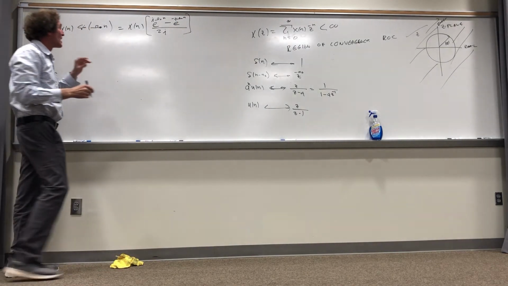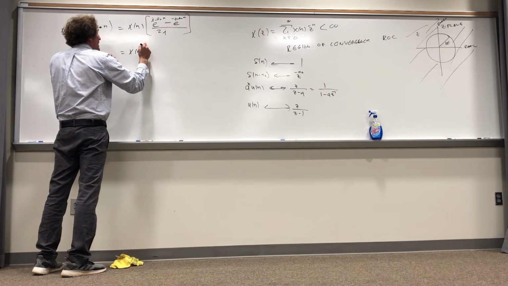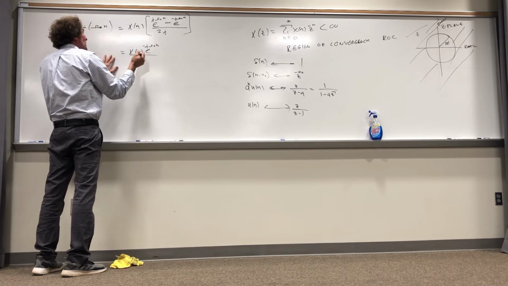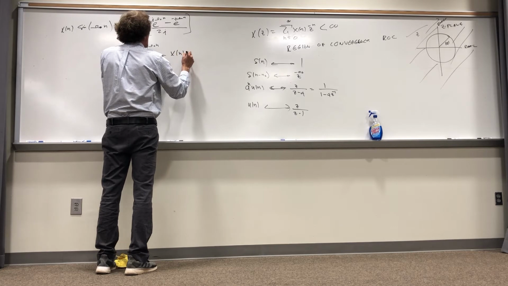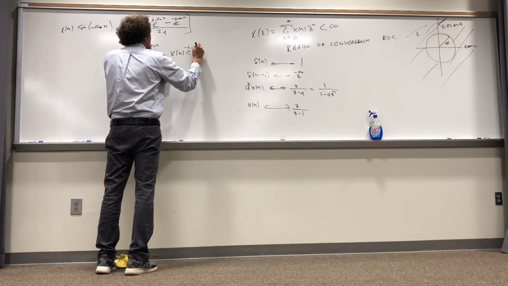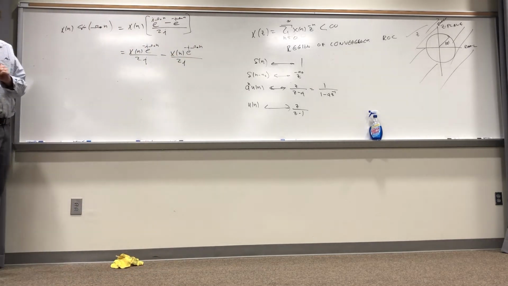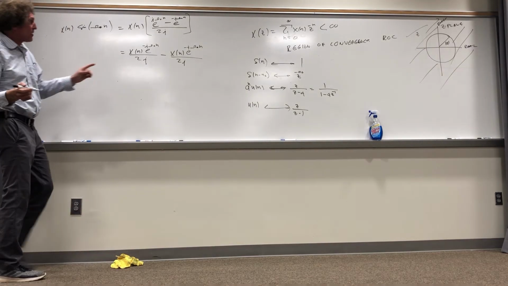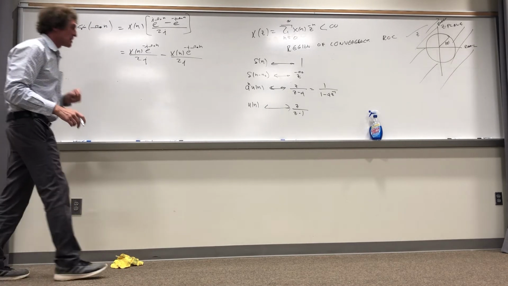All right, now I'll come down here and I'm going to say that's x of n e to the j omega naught n over 2, and I'll leave the j here, minus x of n times e to the minus j omega naught n over 2j. Now, follow me on this one. There's nothing tricky here. I just went ahead and multiplied. Now when I want this one, just follow me. And this is something I'm going to do a property on right here.